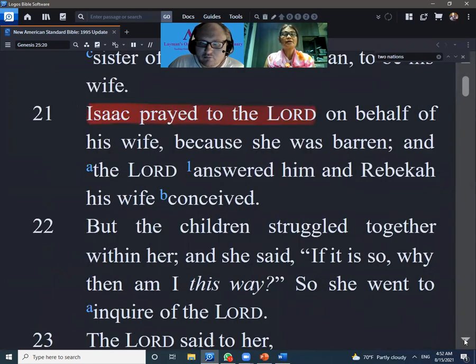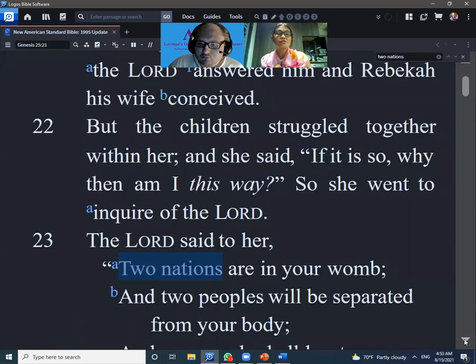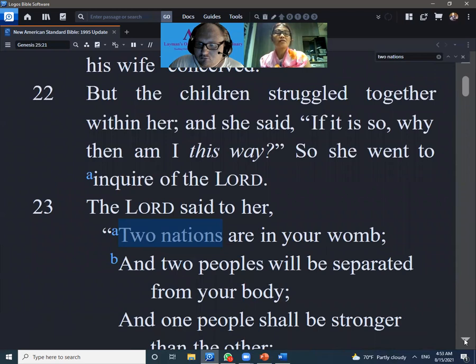21. Isaac prayed to the Lord on behalf of his wife because she was barren, and the Lord answered him, and Rebekah his wife conceived. But the children struggled together within her, and she said, If it is so, why then am I this way?